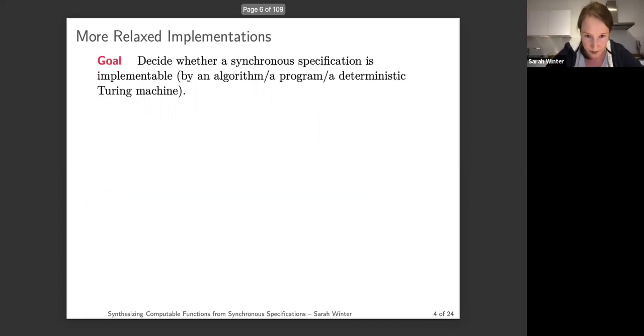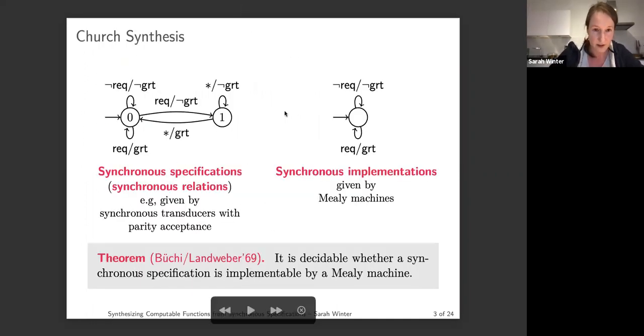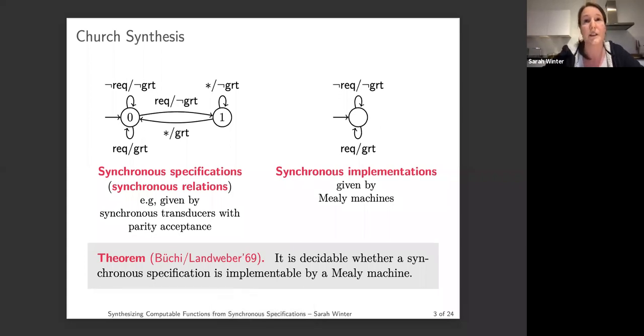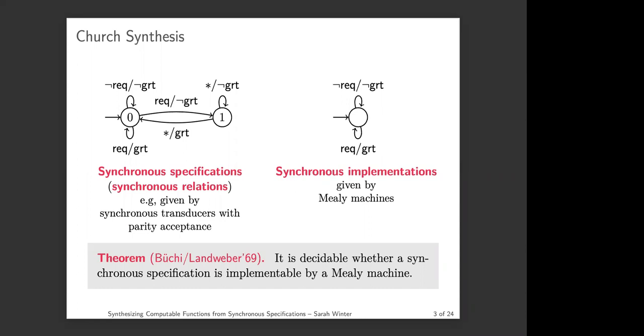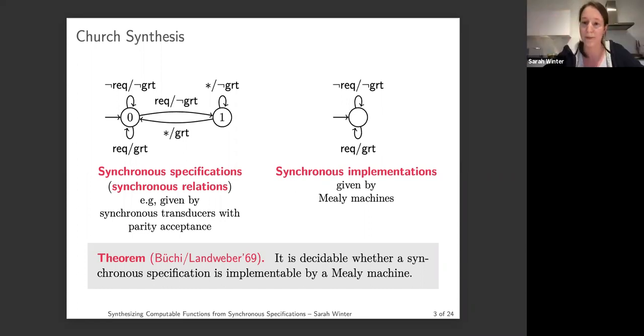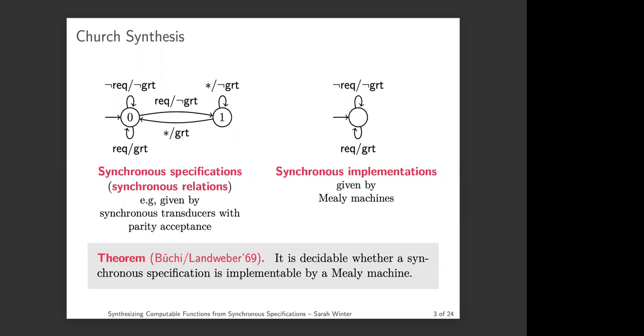Like if I go back to the first example, an automaton that is given here on the left-hand side. For the specification, we see the input and output strings together. So yeah, it can be specified as a regular language where one input and one output is produced at the same time. So this is what synchronous refers to, that in the specification, the input and output are composed at a synchronous speed. Thanks.